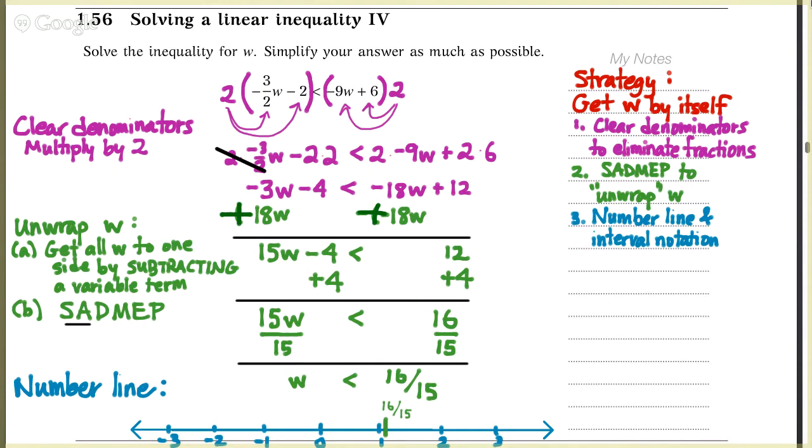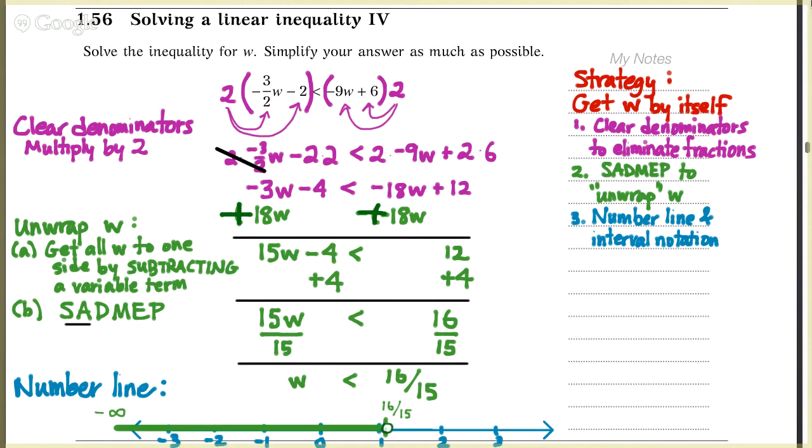And because our inequality has a solution which says that we want the W's that are less than 16 over 15, that means I want that piece of the number line which lies to the left of 16 over 15. So I'm going to shade that, starting from 16/15 and going all the way to the left, in this case, all the way down to negative infinity, if you like.